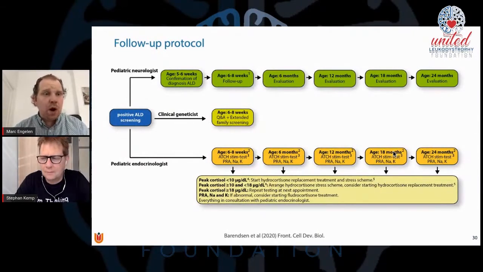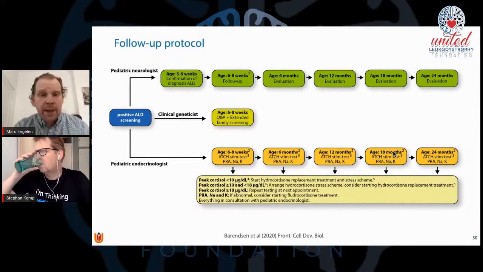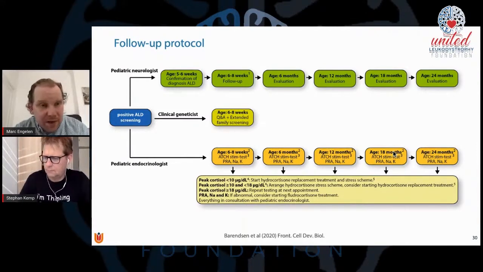We will get people who are asymptomatic, but who have an ABCD1 mutation, so who are at risk of developing all kinds of complications. So we've been thinking about how we will screen those babies in a rational way, and for those interested, please review the SCAN paper. Can I have the next one, please?